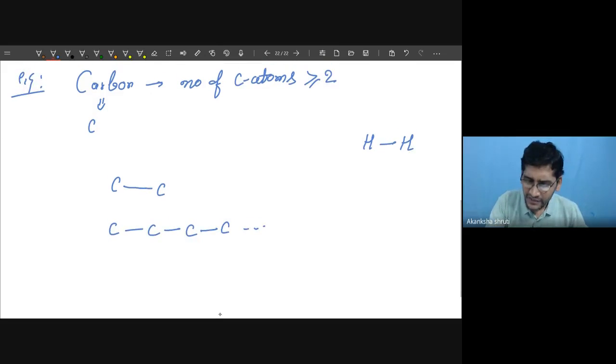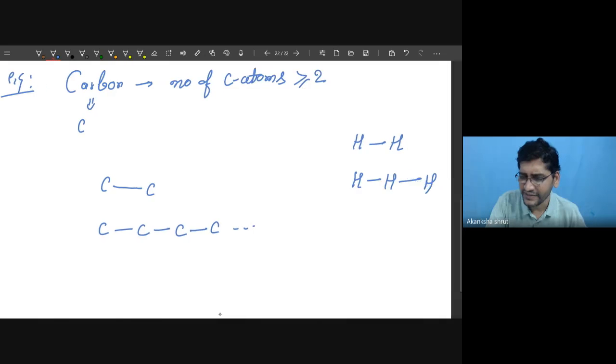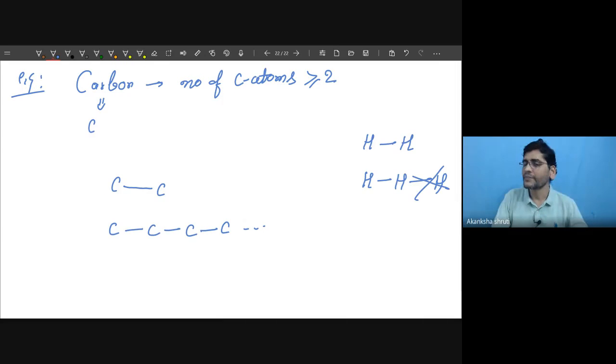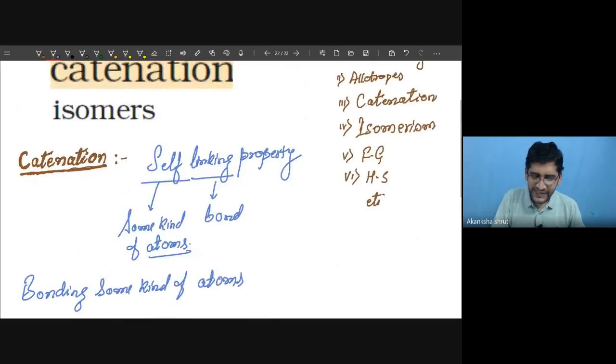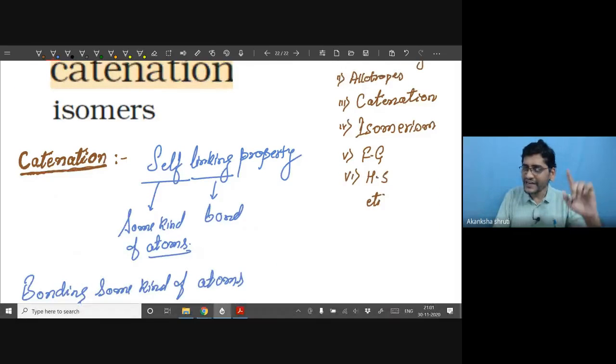But hydrogen can link with another hydrogen, yet this hydrogen cannot further link with the next hydrogen because of its valency. Are we getting this? So catenation simply means the self-linking property which leads to the formation of a long chain of the same kind of atom.